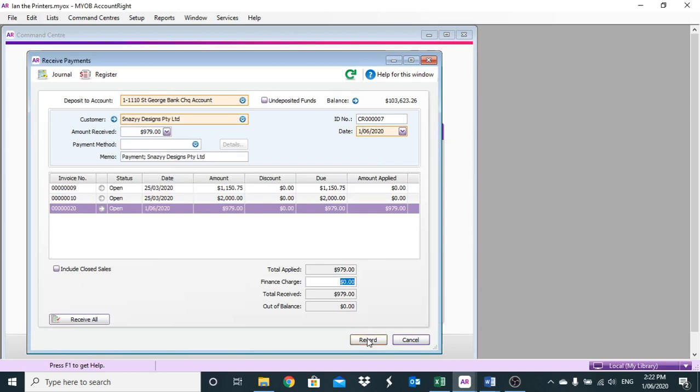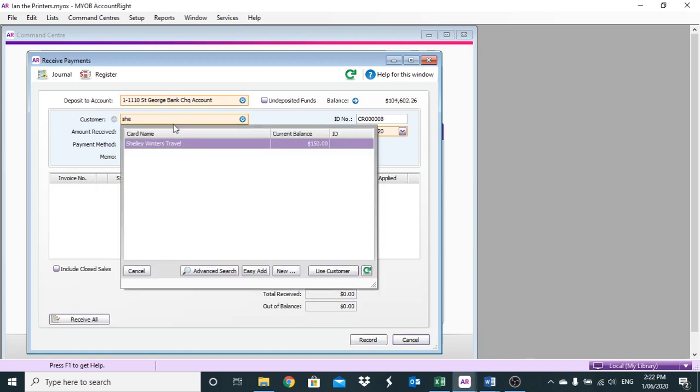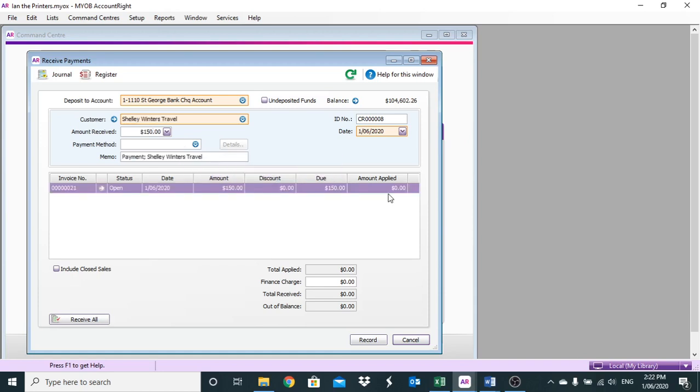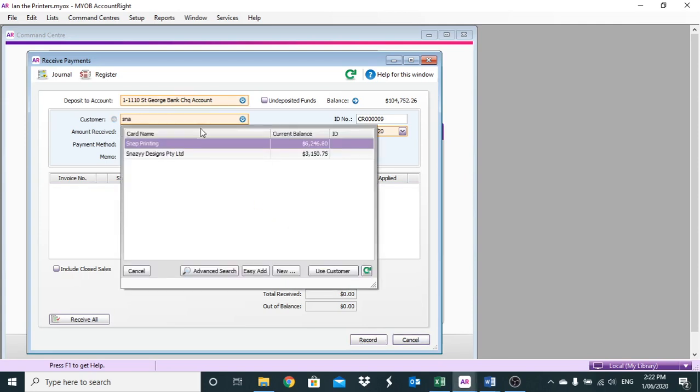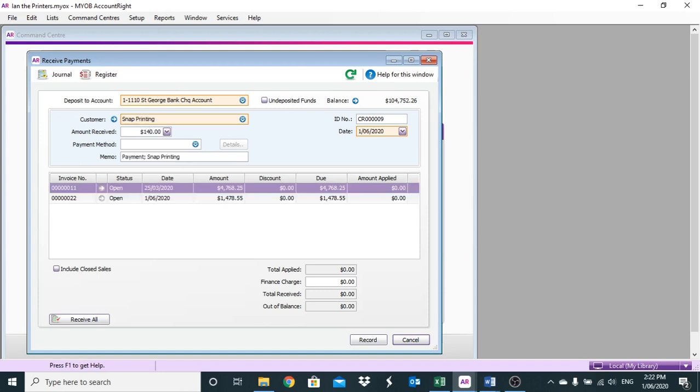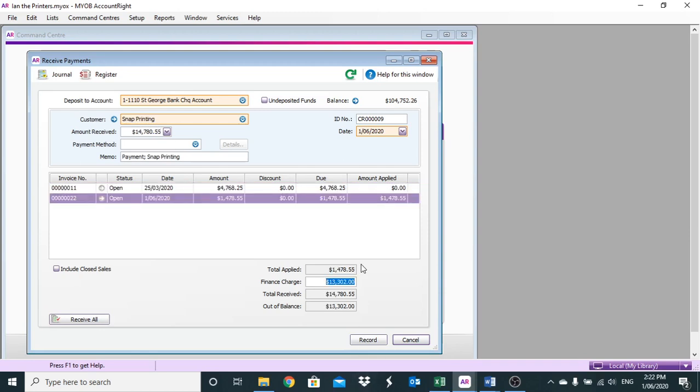Chevy Winter. 150. And snap printing again. 1479 and 55 cents. Which is this one here. Oh, an extra zero in here.